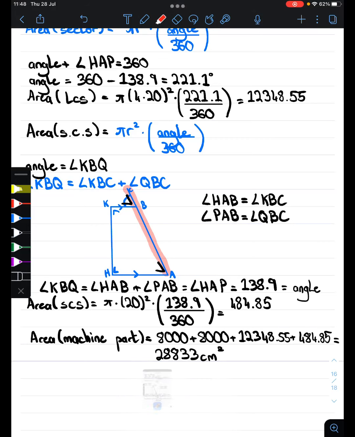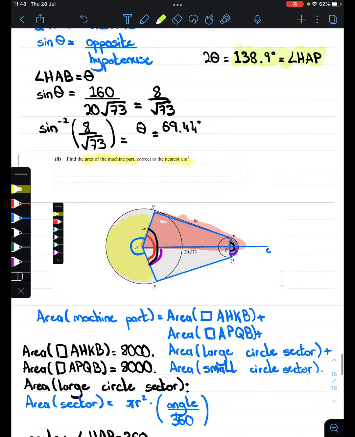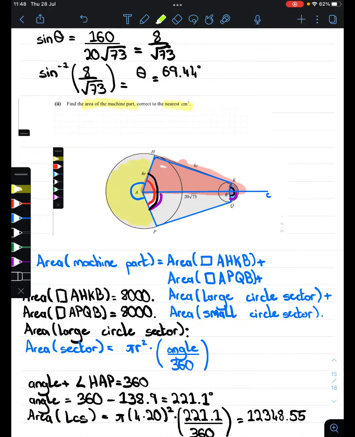And that is the answer. So just break it up into manageable pieces and then go through the pieces step by step.